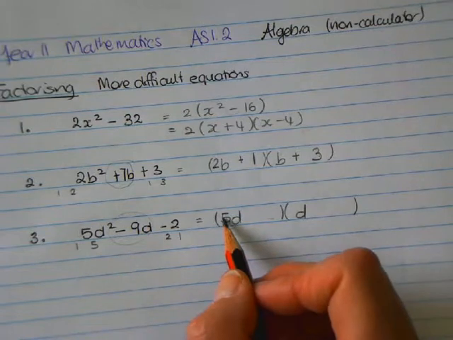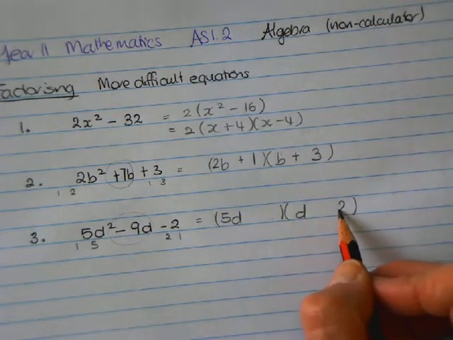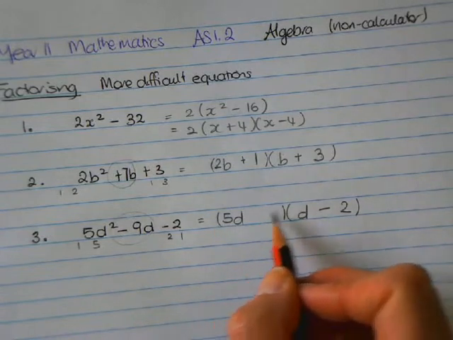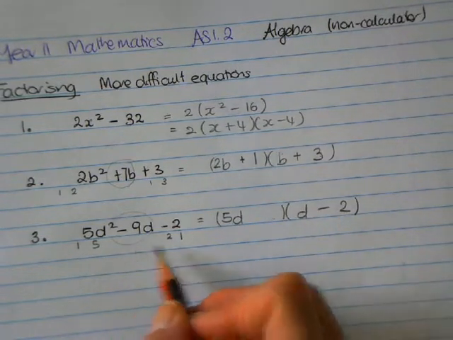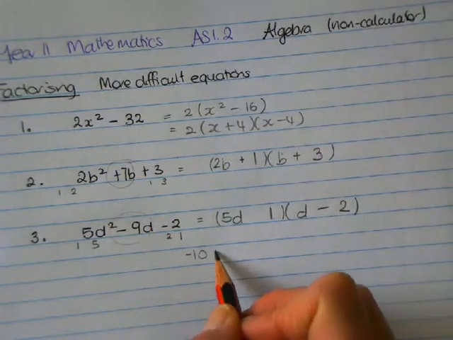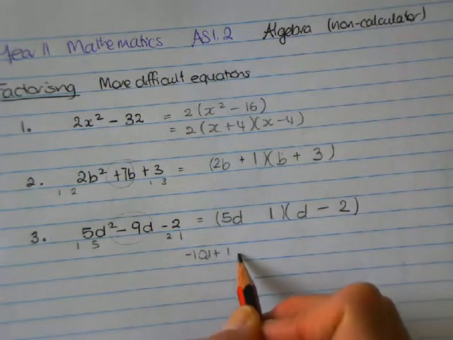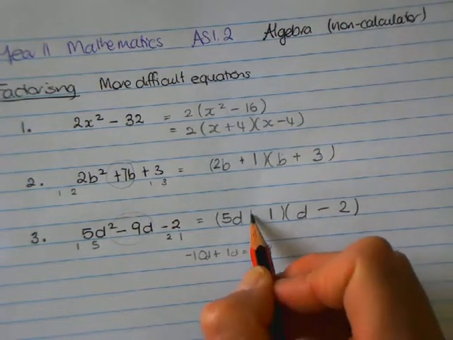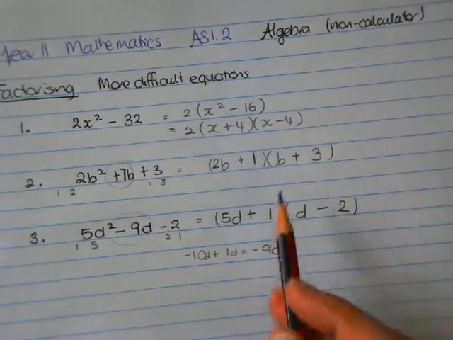Now, because I need to make 9, I know I have to make 2 times 5 is 10, and it's got to be negative 10. 5d times negative 2 gives me negative 10d. Then 1 times d, plus 1d, if I think of it this way, will give me my negative 9d. So this has got to be positive.